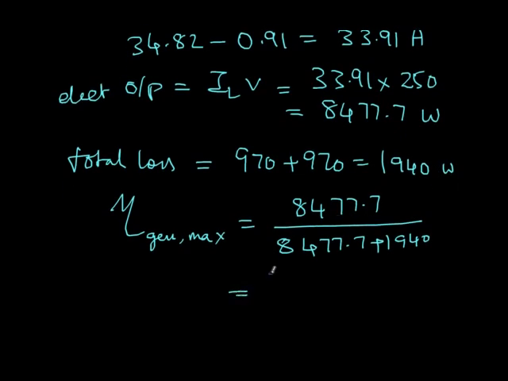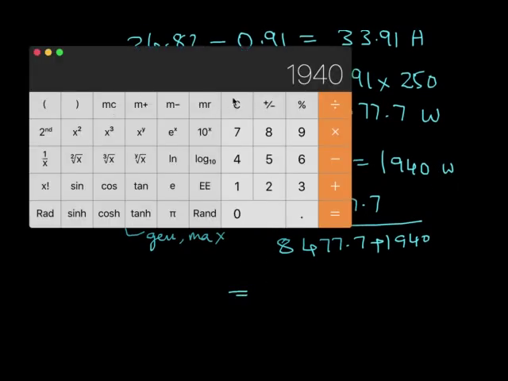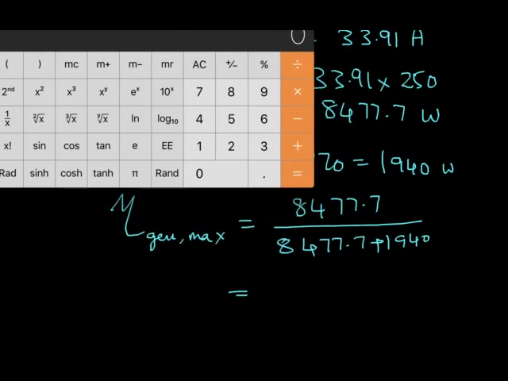So 8477.7 divided by, open the brackets, 8477.7 plus 1940.